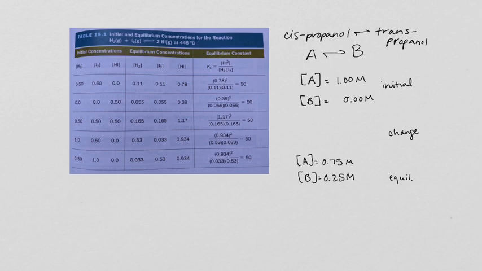So now we can figure out how it changed. We lost 0.25 molar, and our change in concentration for B is we gained 0.25 molar.